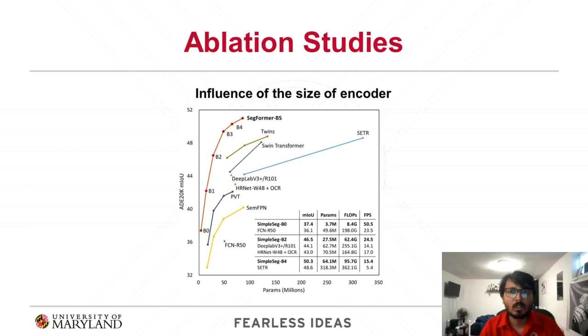In order to understand how SegFormer is performing, you can clearly see in this chart that the mean intersection over union, which is the metric used to compare semantic segmentation models, is much higher compared to different models trying to solve this problem. The number of parameters and the FLOPs that this model utilizes are also very low compared to other models.